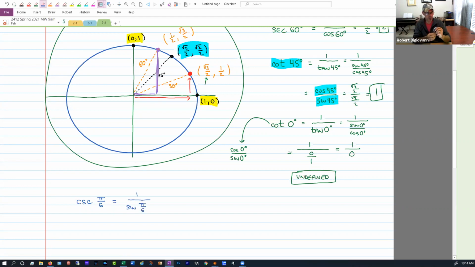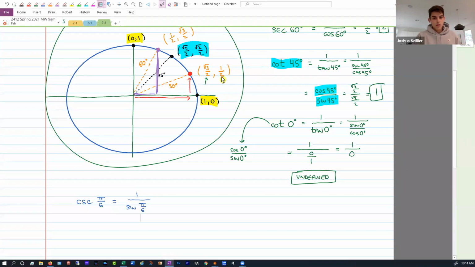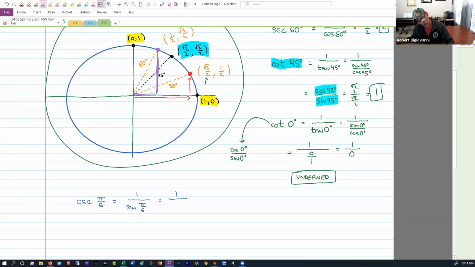Okay, so Joshua, what are you going to do for the sine of pi over 6? Tell me what you're going to look at on this circle. So I know that's 30 degrees. So I already know that cosine is √3 over 2 and sine is 1 over 2. 1 over 2, okay. So this is going to become 1 over 1 over 2, right?